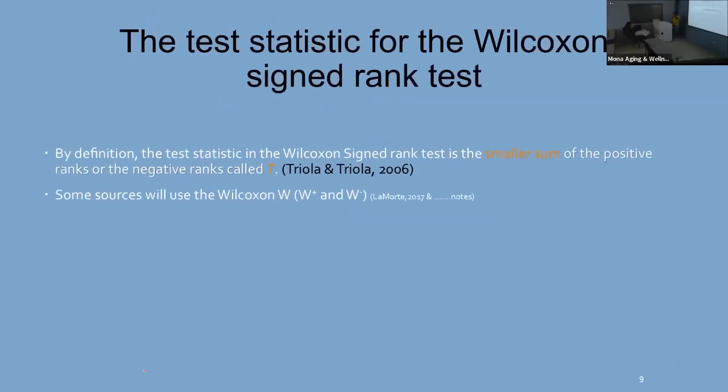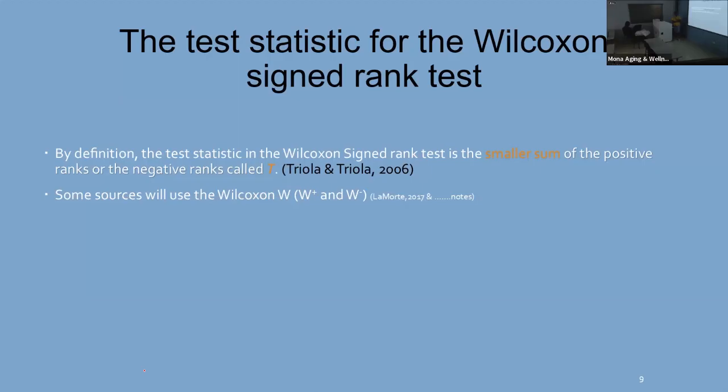Now, by definition, the test statistic in the Wilcoxon signed rank test is the smaller sum of the positive ranks or the negative ranks, called T, uppercase T. In some sources, you may see the Wilcoxon W, uppercase W. For positive, it's W with a superscript plus; for negative, it's a superscript minus. So what is this saying?